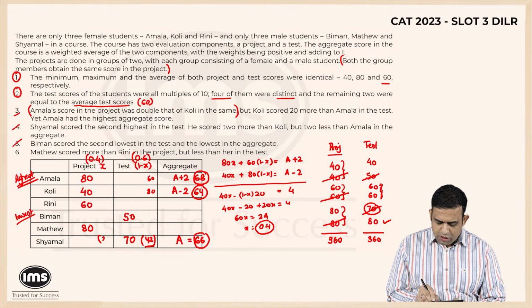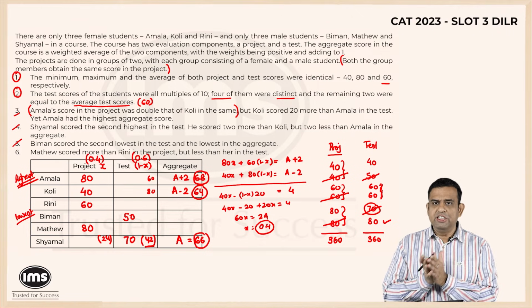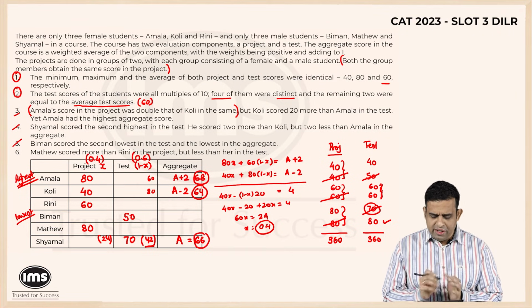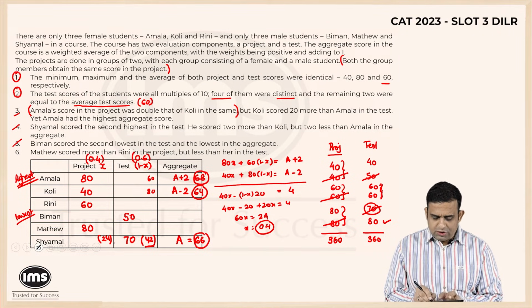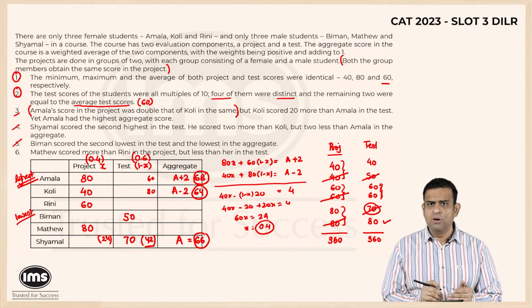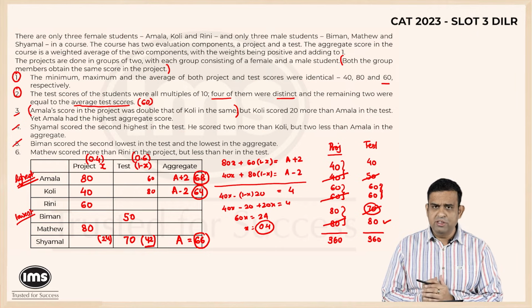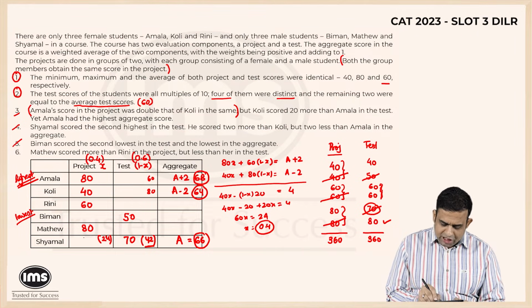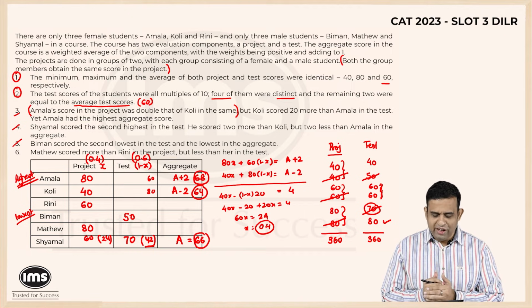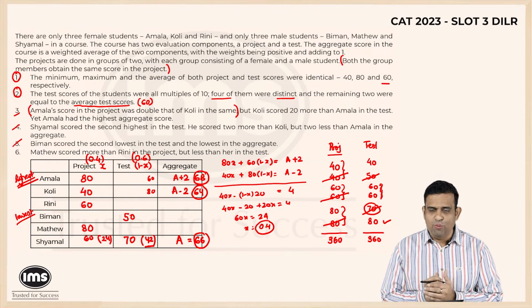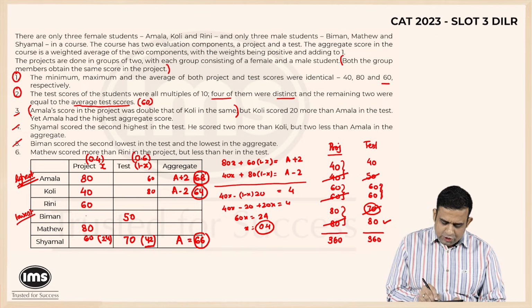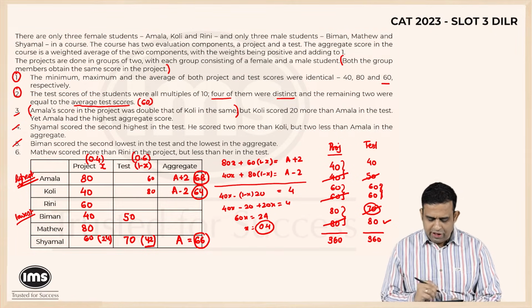That means this has to be equal to 24. 66 minus 42 will give me 24. So 24 is the weighted score of the project by Shamlal. In that case, this 24 must be 40% of something. This would mean Shamlal must have got a 60, because 60 into 0.4 will give me 24, and not 40 into 0.4. So Biman must have got a 40 over here.